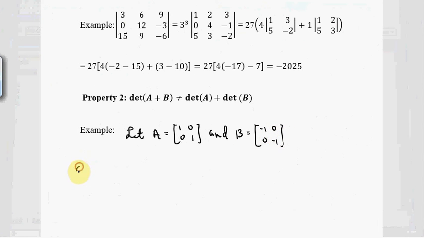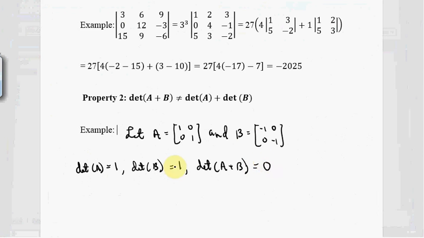Now notice that the determinant of A, do you see what that's equal to? 1. The determinant of B is equal to, do you see what that's equal to? 1. What's the determinant of A plus B? It's 0.